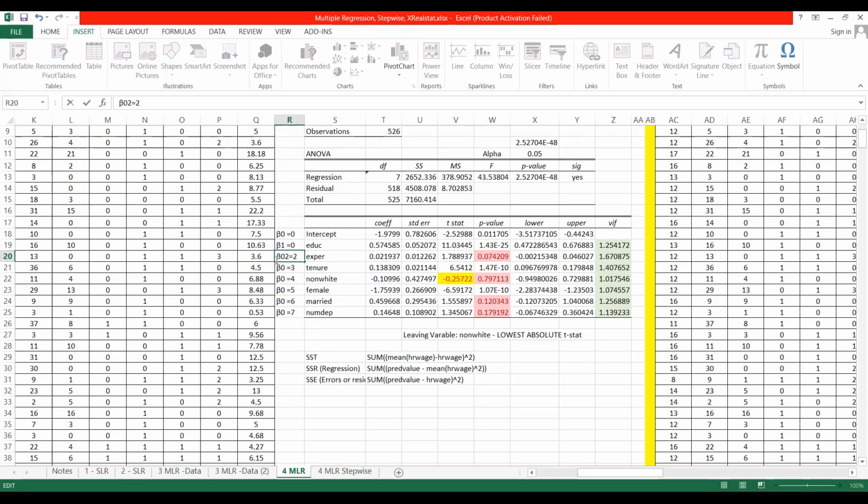Beta 2. Okay, etc. Beta 7 is equal to 0.